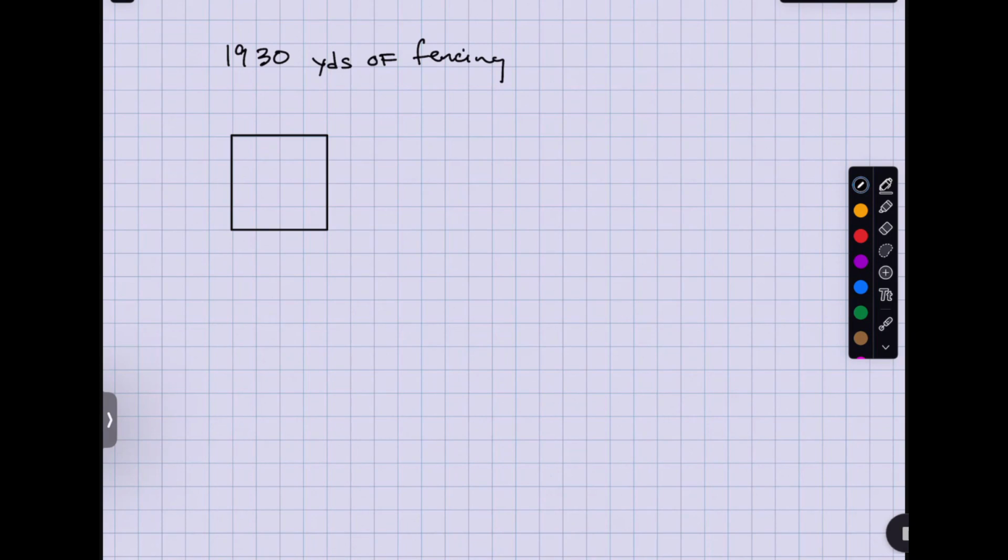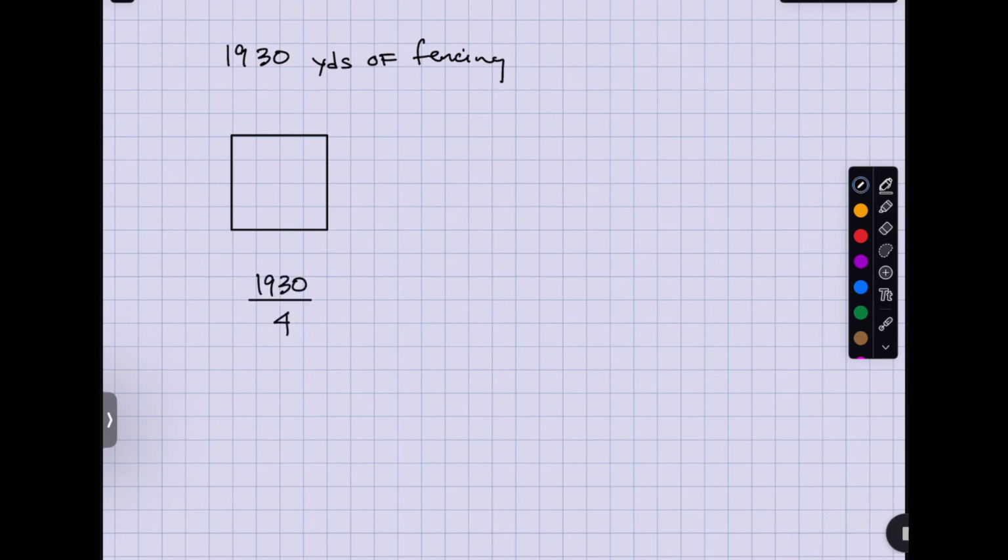This is not just to her because she asked the question. It's for everybody. Each side would be 482.5. And how did you get that? 1930 divided by 4.